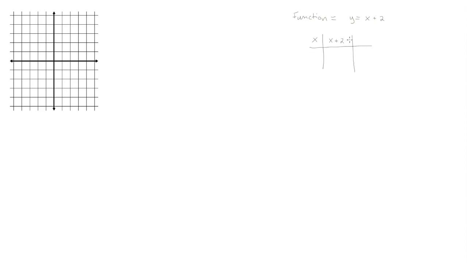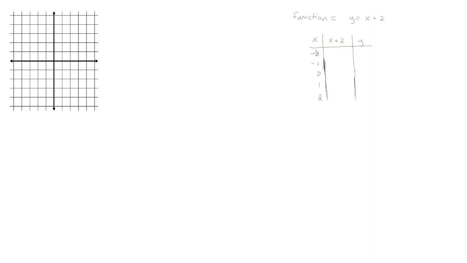This is how we calculate our y, and then we'll put y in this last box here. And let's do -2, -1, 0, 1, and 2, okay? And we'll use those for our function.